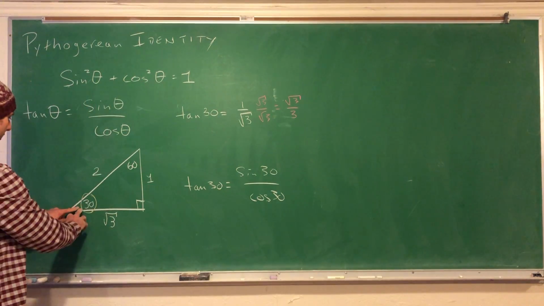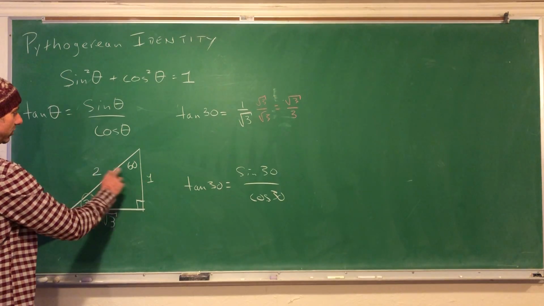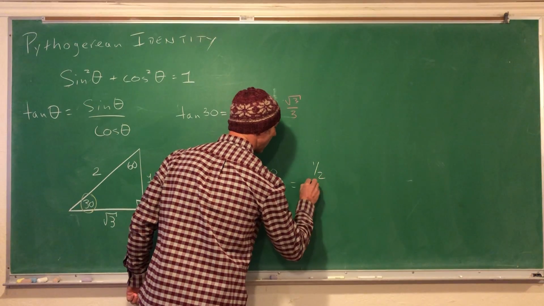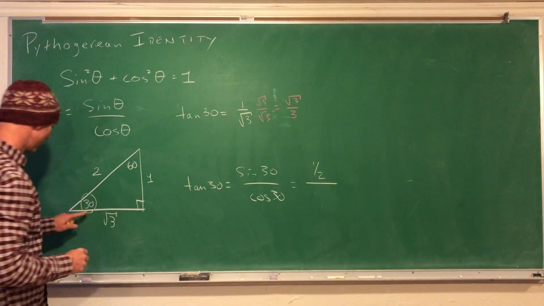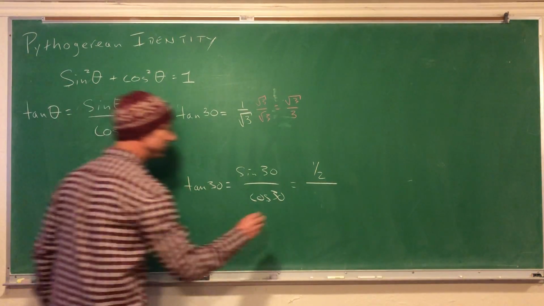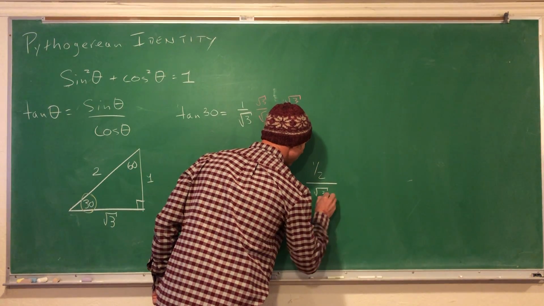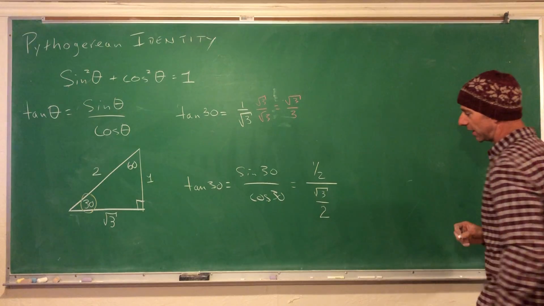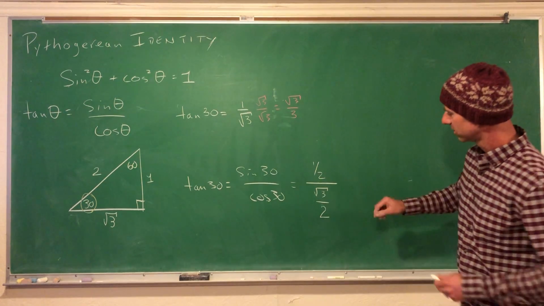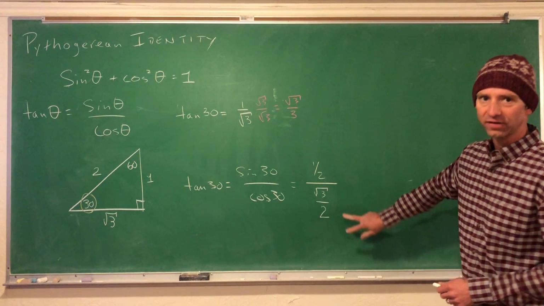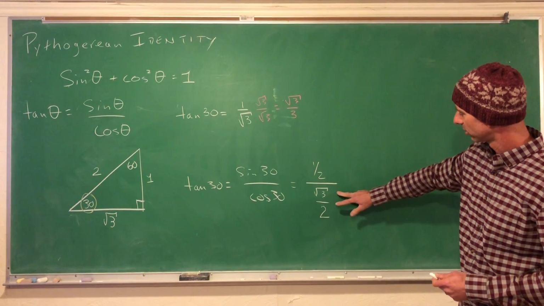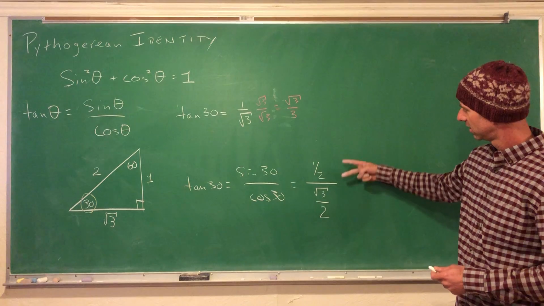So sine of 30 is opposite over hypotenuse, this is going to be 1/2, over cosine, adjacent over hypotenuse. Now we can go ahead and simplify this. To simplify a fraction over a fraction, we take the bottom, flip it like that, and multiply.